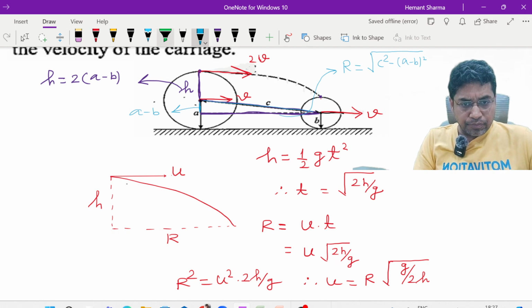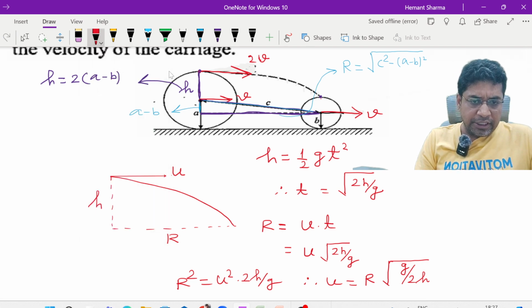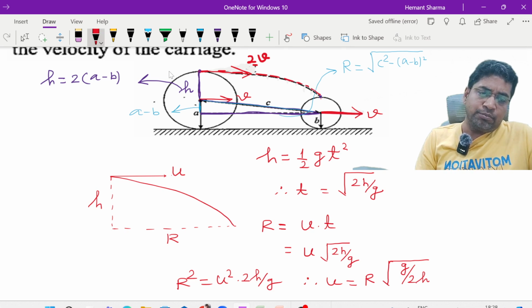Now, if you look at this, then you will get to know that the speed of the topmost point is 2v, so the dust particle speed is 2v, and the dust particle is landing on the front wheel, which itself is moving in the forward direction with v.